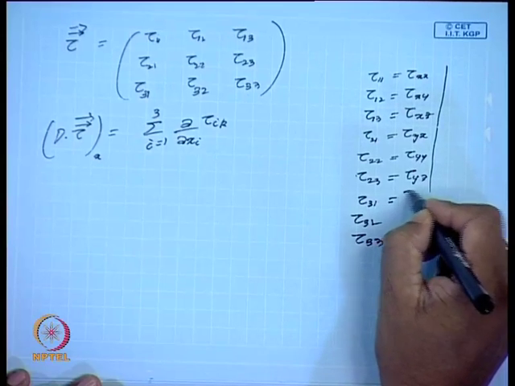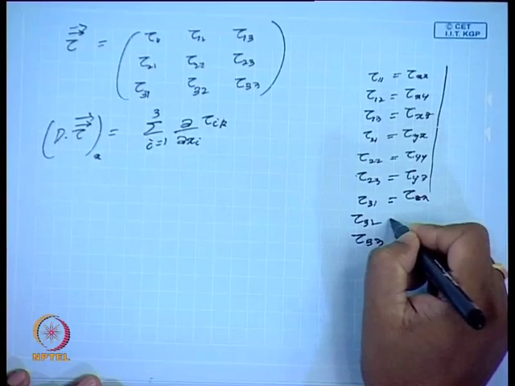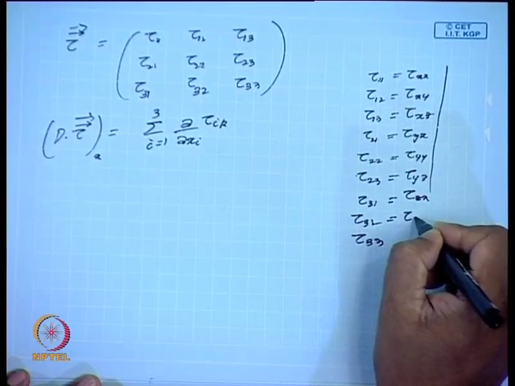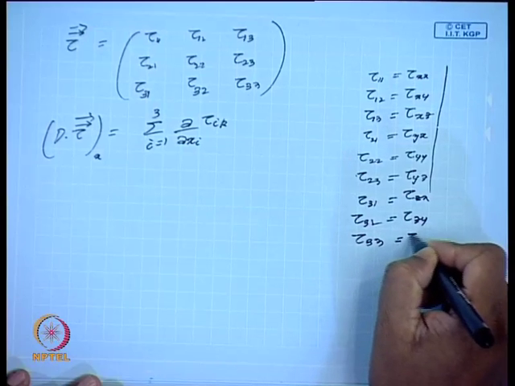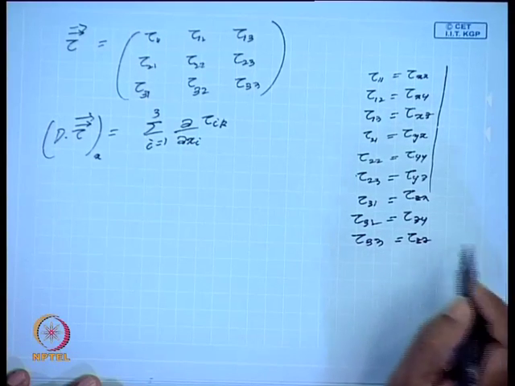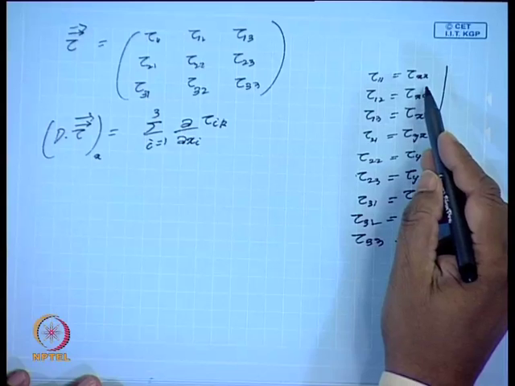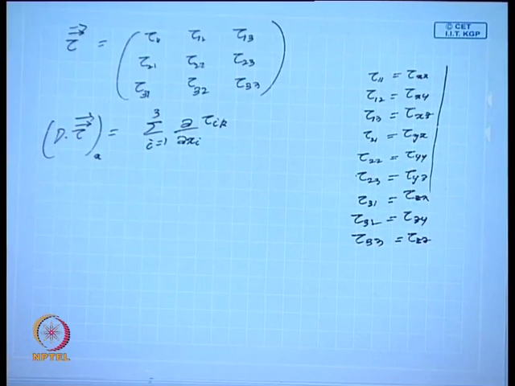This will of course be tau z x, tau z y, tau z z. So this and this, they are the normal components, and the rest are the tangential components. Sometimes this notation or this notation is used.